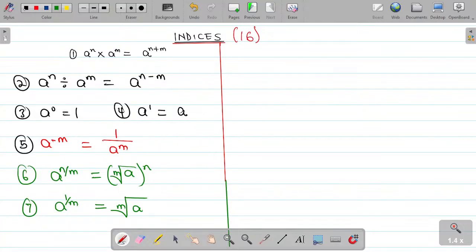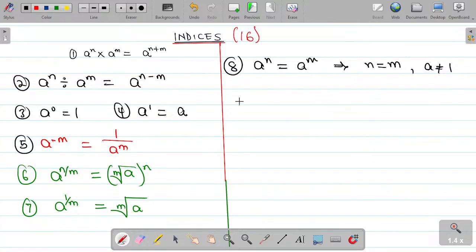Number 8, if a to the power of n is equal to a to the power of m, this is only possible if n is equal to m, so far as a is not equal to 1. So these are the 8 basic rules of indices.